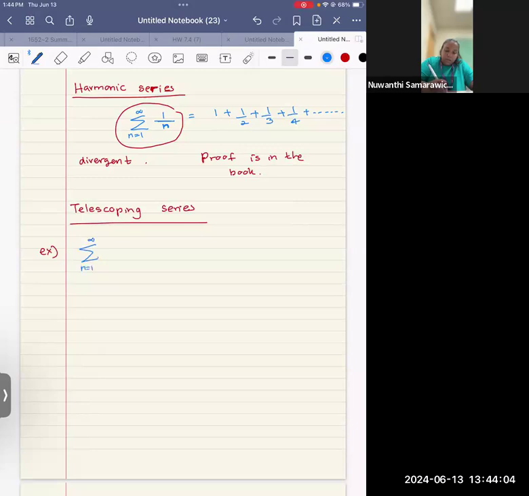So if you come across a series like this, 1 over n plus 1 minus 1 over n plus 2, now you need to check whether it is convergent or divergent.